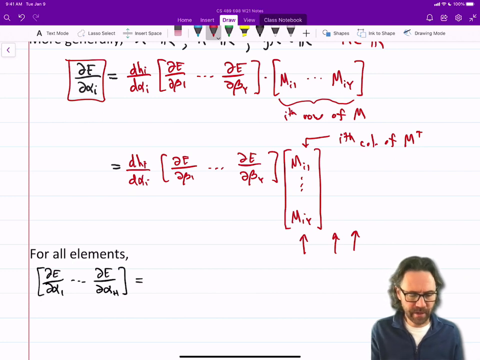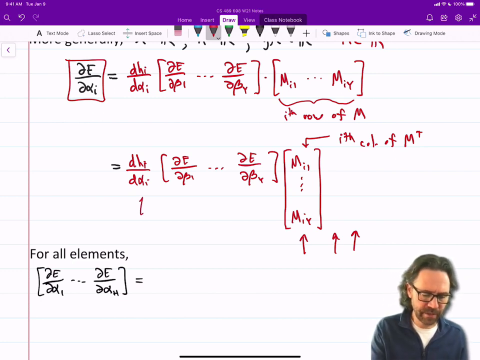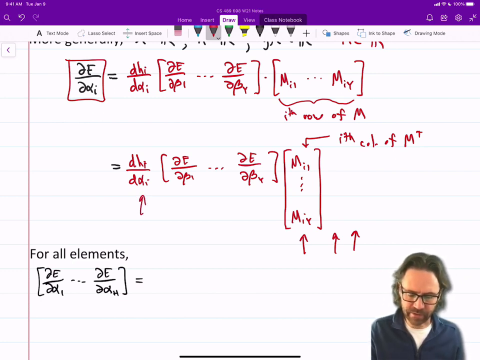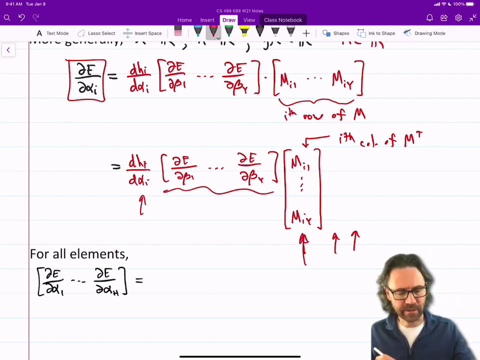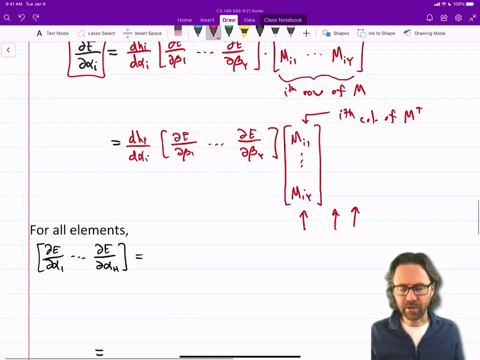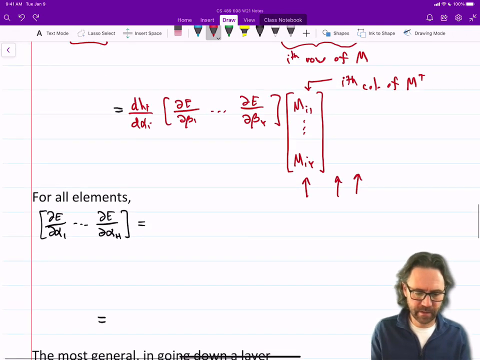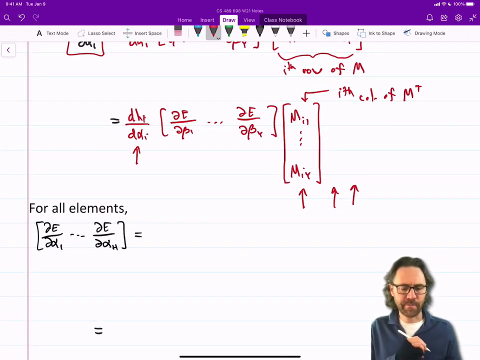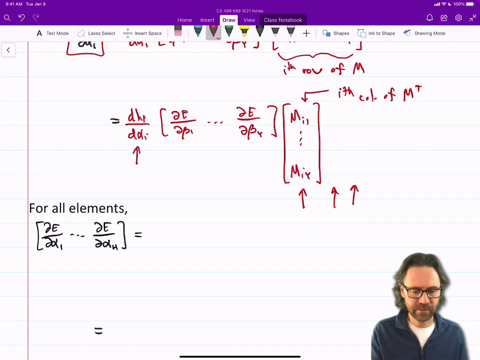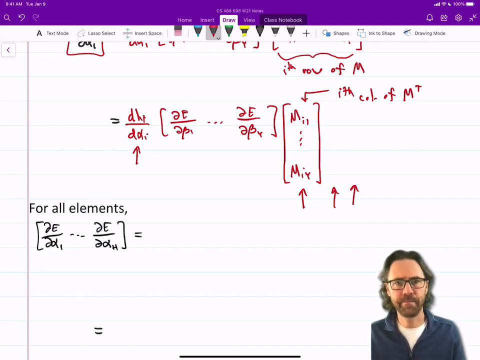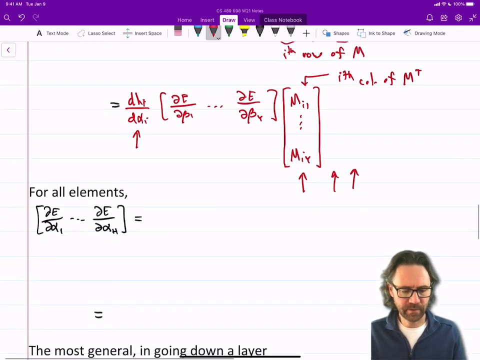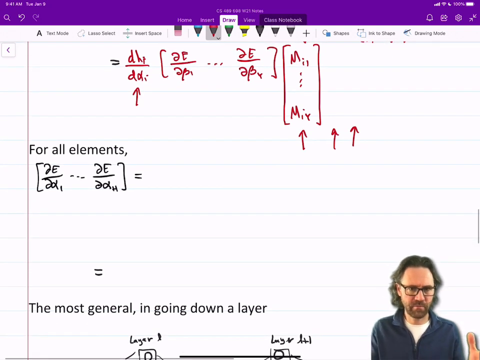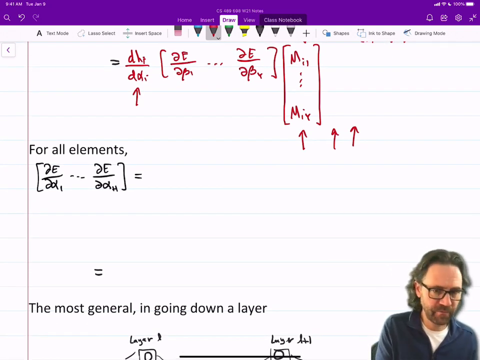Because remember, the alpha up here was indexed i, and so was this column. The beta stuff didn't have any index in it. They were just reused. So now we're going to add a column there for each alpha. And notice also that this ∂Hi by ∂αi is also indexed, so we're going to have one of those per formula, I guess.